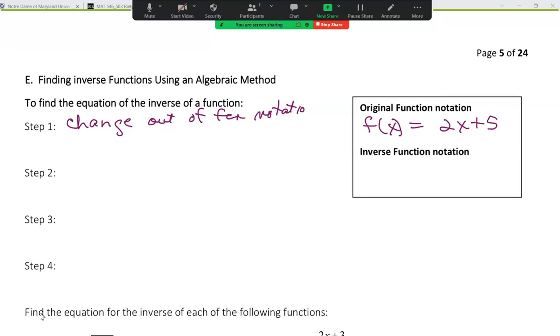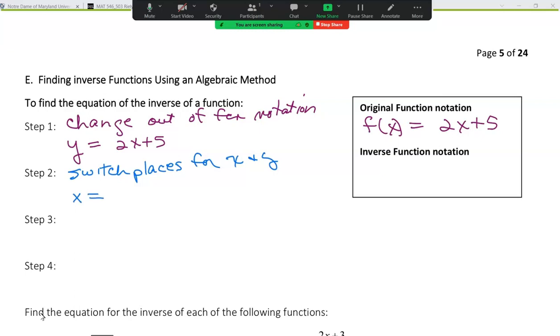It means if you have it written as f of x, make it y equals instead. Okay, that's first step. Second step, switch places for x and y. And that literally means just that. My y was first, my x is now first.